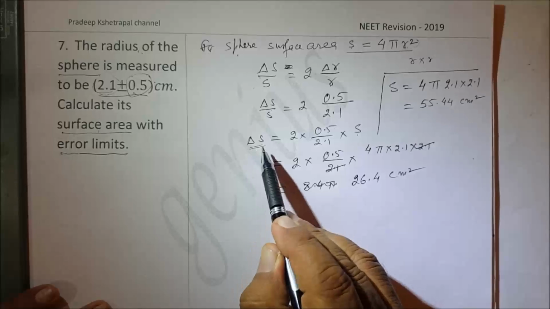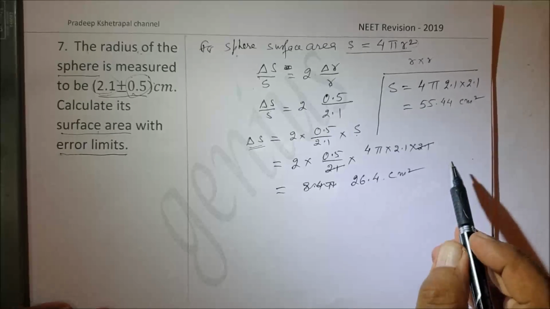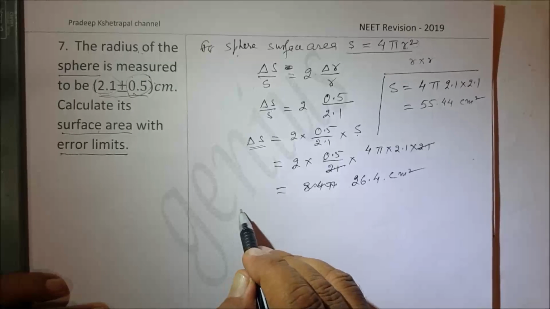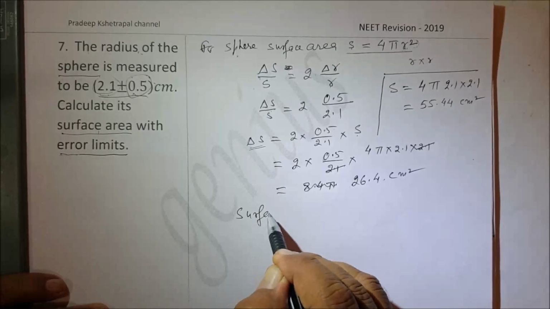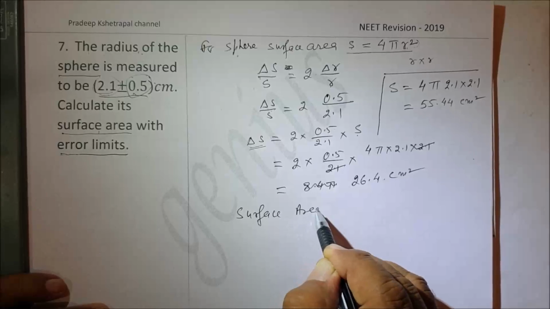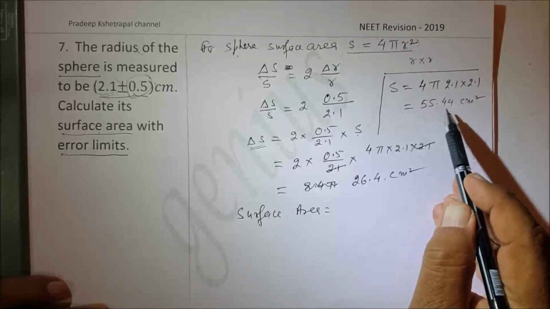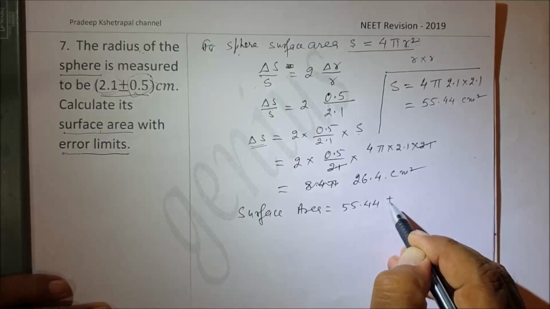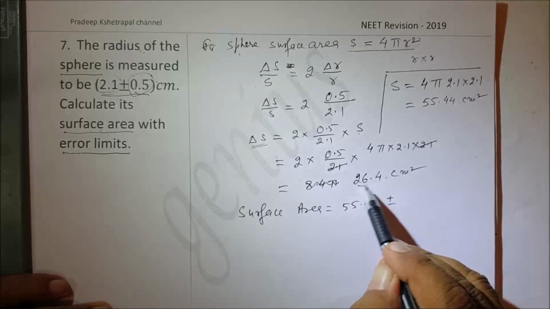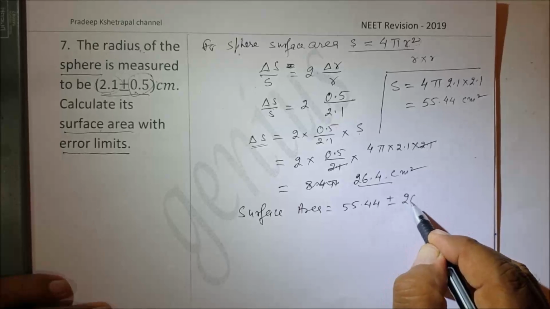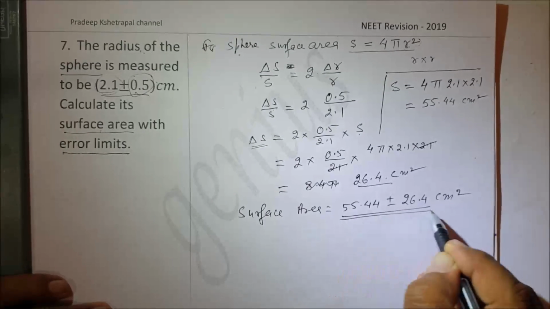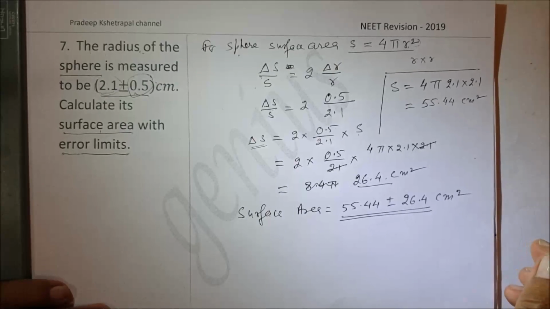This is the value of delta S. Now when we have to write the surface area, it is the mean area calculated, 55.44, plus minus the error calculated, that is 26.4 centimeter square. So this is how it is to be done.